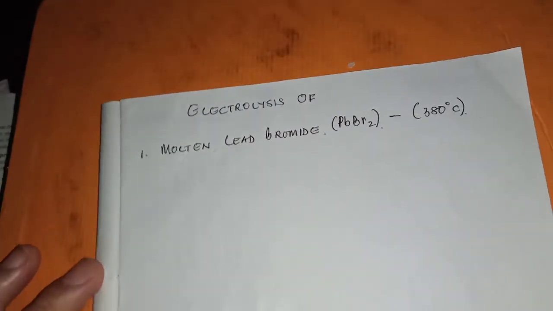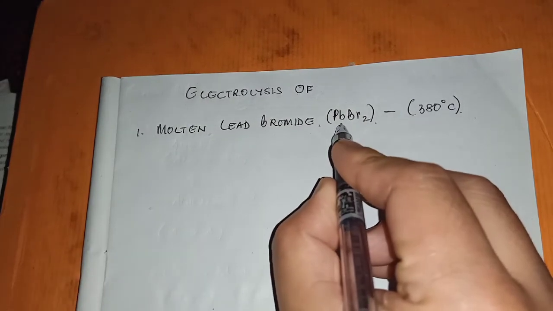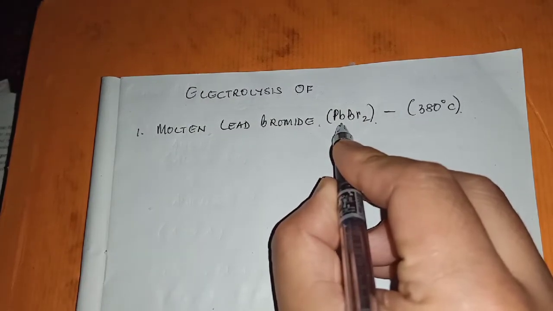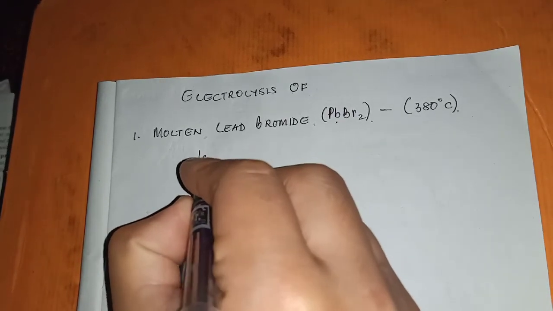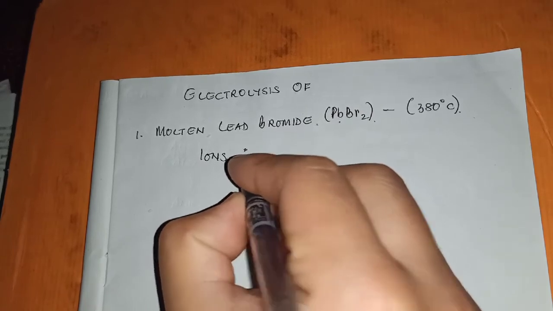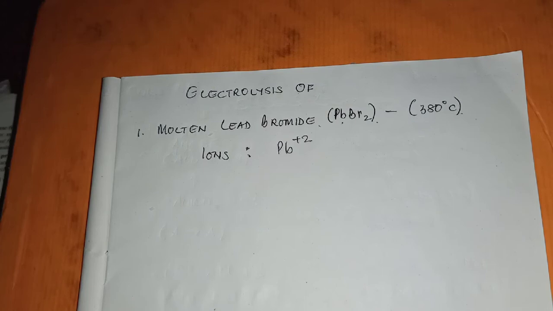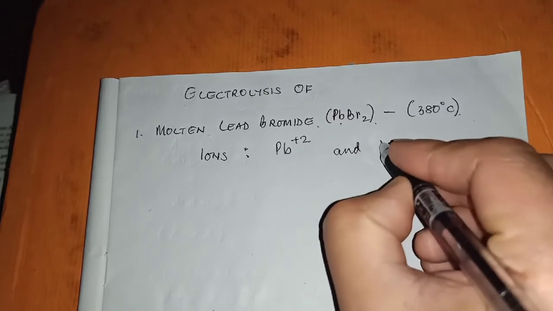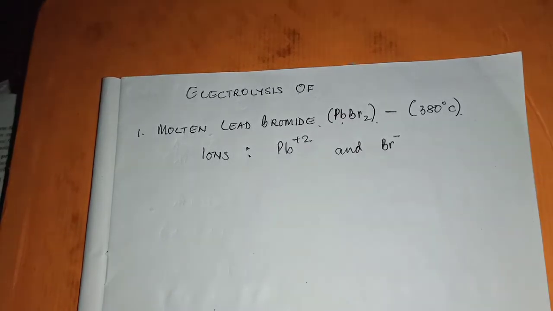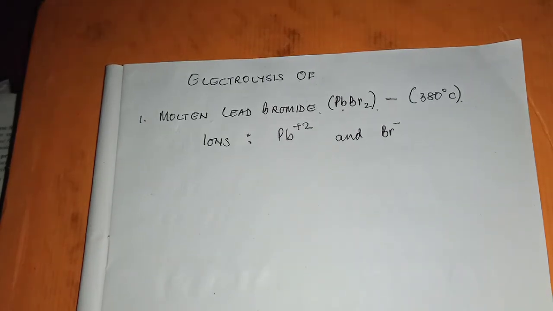Now let's see what happens when we do the electrolysis of molten lead bromide. So when we take molten lead bromide, this ionic compound will produce free movable ions. And what are those free movable ions? Ions will be lead, the valency of lead is 2, so it will produce lead plus 2 ion, and bromide ion. The valency of bromine is 1, so bromide ion will have 1 negative charge.